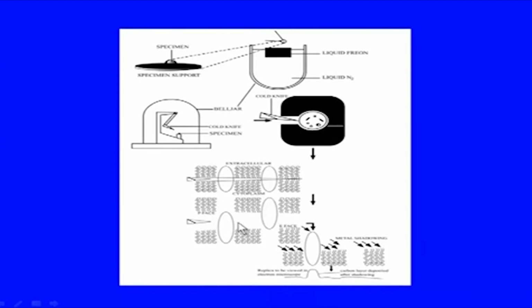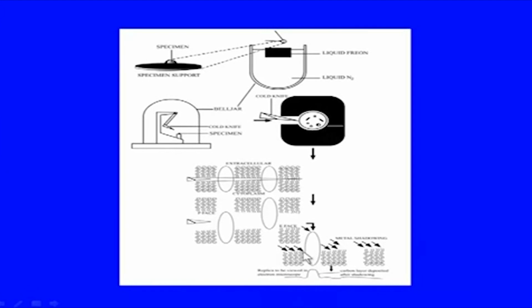After the fracture, you will get the two monolayers of the membrane bilayer separated, with integral proteins present in them. Then you shadow it with platinum or other metals at 45 degrees, and then again at 90 degrees with carbon. A replica is formed, and this replica can be used under the electron microscope.